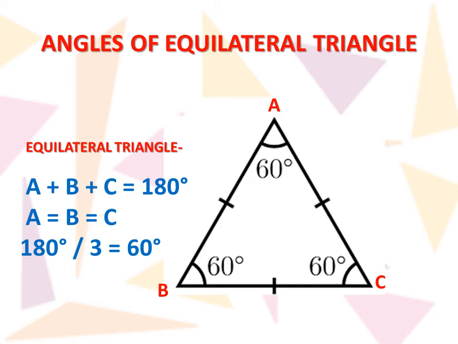This is what we have studied and proved. But angle A is equal to angle B is equal to angle C. They are equiangles since they are the angles of an equilateral triangle. So if we divide 180 degrees equally three times, we get 60 degrees. So from this we can prove that each angle is one third of 180 degrees, that is 60 degrees.